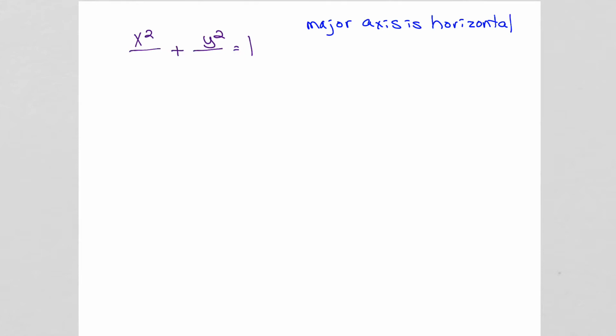Since our major axis is horizontal, then a squared is going to go down here. We just found a, it's 20. So a squared will be 20 squared, which is 400.